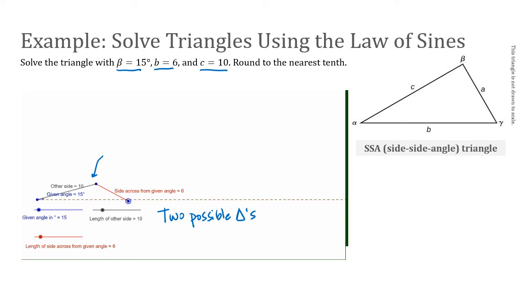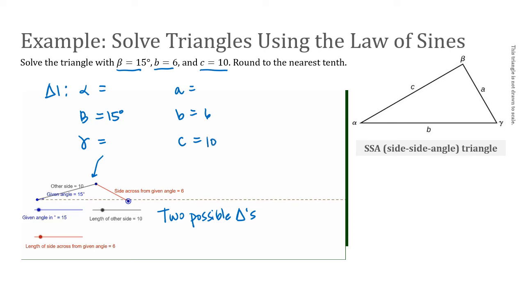And let's just identify what those triangles are. We might say that in triangle 1, we know that we have an angle alpha, we have an angle beta, and we have an angle gamma. And we know that across from those angles are side A, side B, and side C. Now, what was given was, of course, angle beta as 15 degrees, side B as 6, and side C as 10.